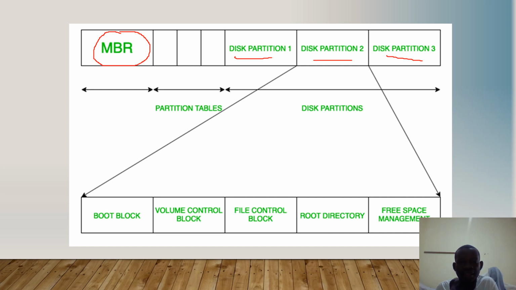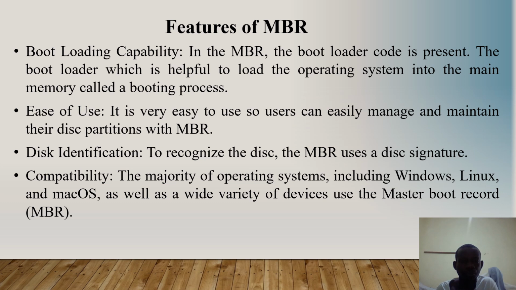So in the disk, in the various partitions, we can store different information like the boot block, the volume control block, file control block, root directory, free space management. These are where in the several partitions you can decide to put in your files according to how you want it to be and where you want it to be.